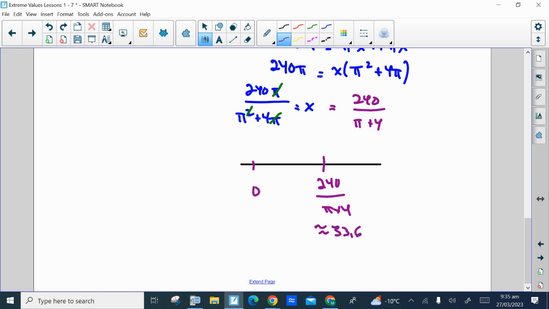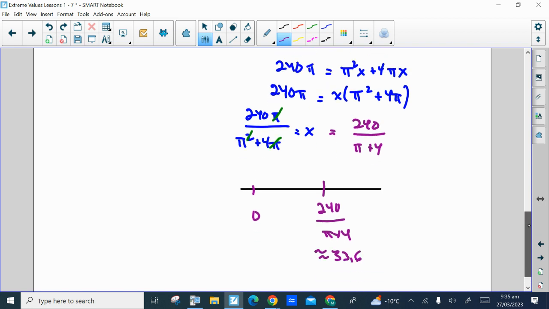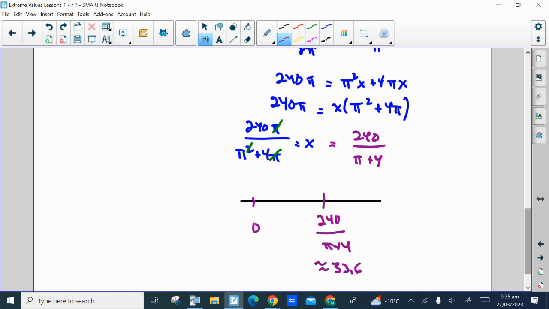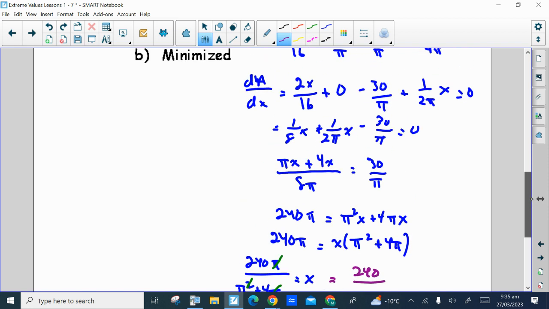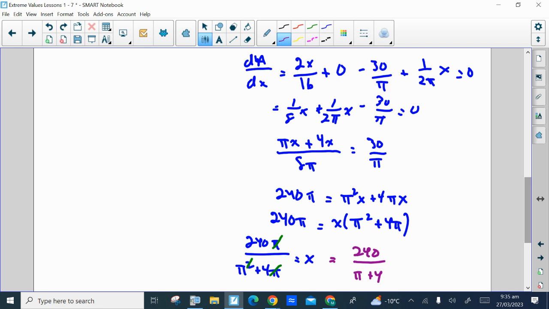So I found that out because we need to check whether this is going to be a max or min when x is 240 over pi plus 4. If we choose a number less than 33.6 but greater than 0, I'm going to use the number 1. I'm going to let x equal 1. So we have a simplified expression for our derivative right there.